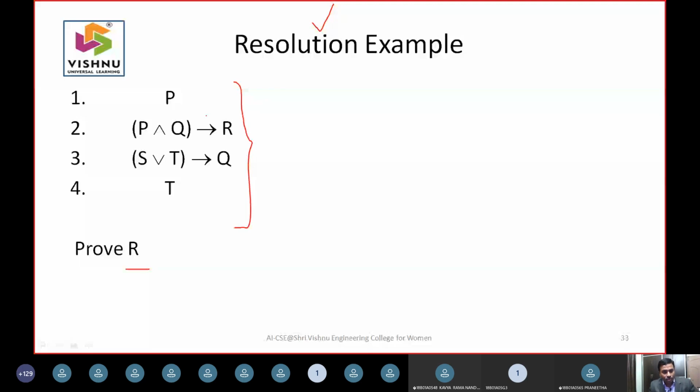Is it right? So 2 is not in clause form. 3 is not in clause form. The first statement P is in clause form, so I have to remove the implication. That is the reason I have to use negation of P or negation of Q or R.